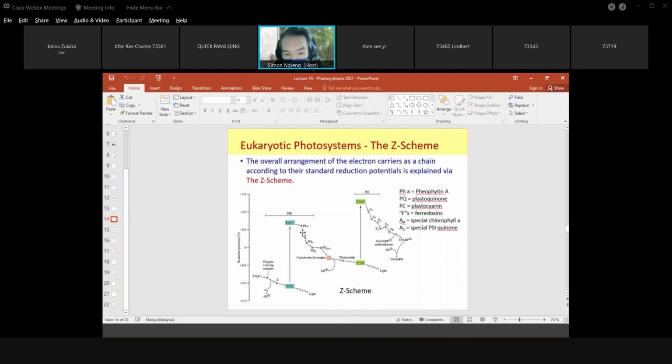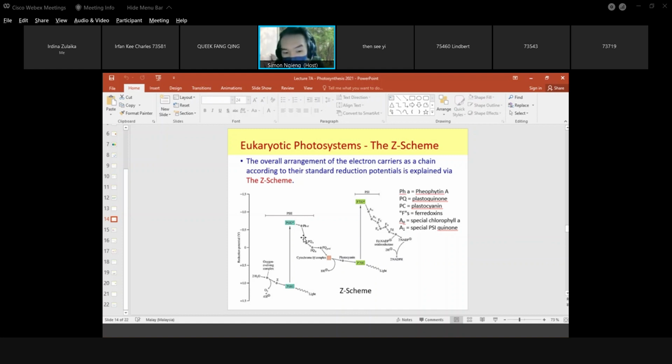Each of these will have a different reduction potential, as indicated here. The higher they are, the higher the tendency that this molecule will be able to donate the electron to the next.